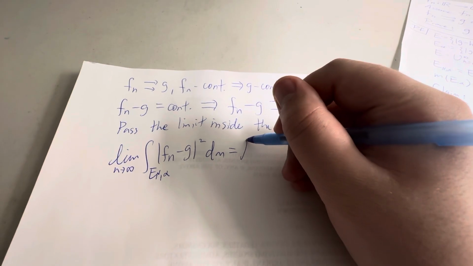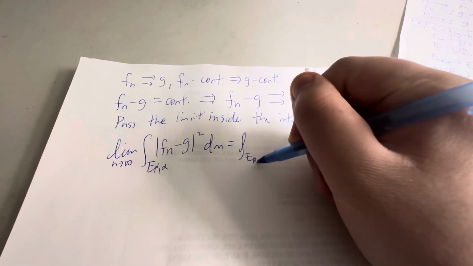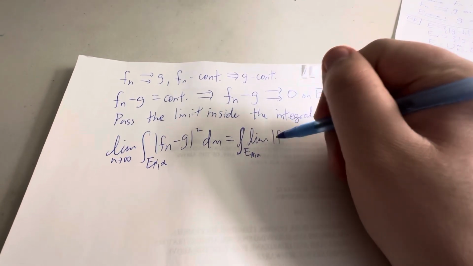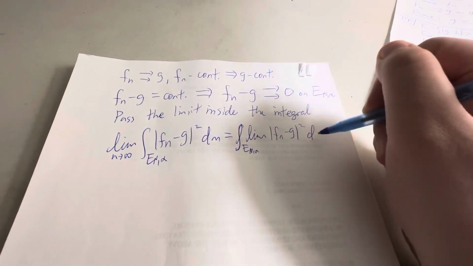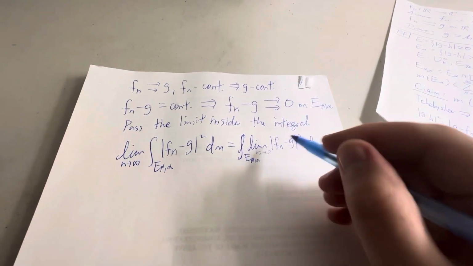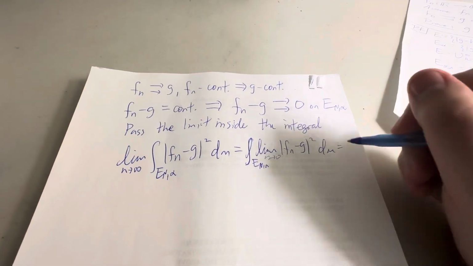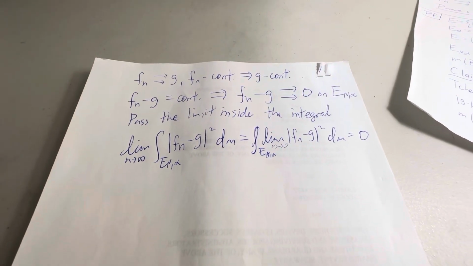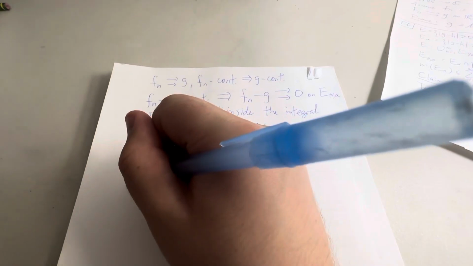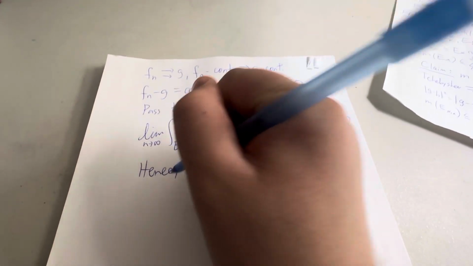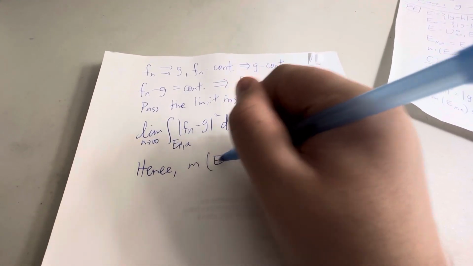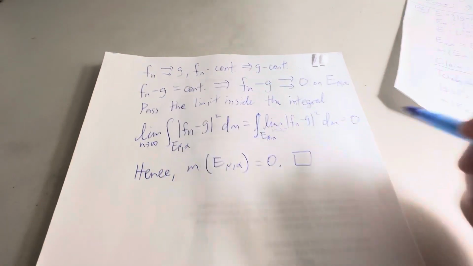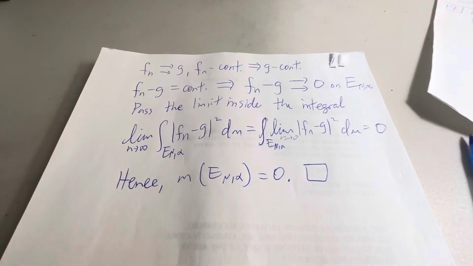So we end up getting the integral over En alpha, passing the limit inside, of Fn minus G squared dm, and this tends to 0, which means that we integrate 0 over this whole thing, so we end up with 0. And then we get the claim. Hence, the measure of En alpha is 0. That's all we wanted to do.